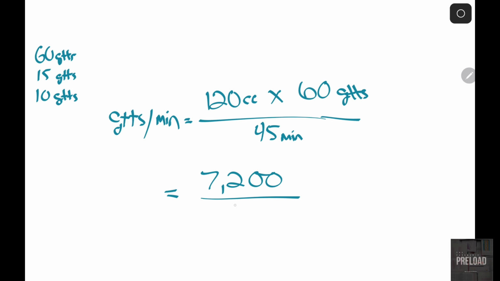And we're going to divide that by time in minutes. So we're going to do 7,200 divided by 45. And we know that with a 60 drop, this would equal that we need 160 per minute to give 120 cc's of fluid in that 45-minute transport.